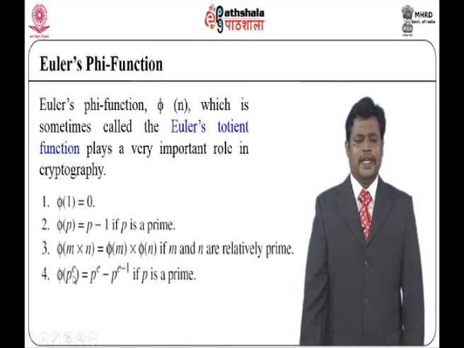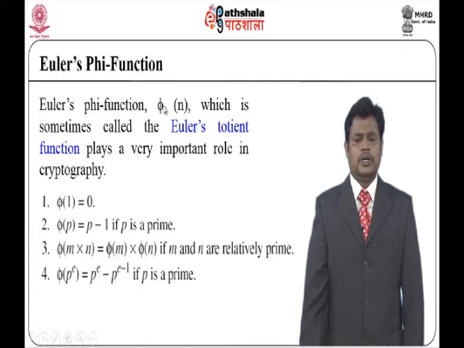The fourth rule: phi of p power e, where e is any integer, that is a factorized number. Then it is p power e minus p power e minus 1, if p is a prime. So, based on these 4 rules only we can find the value of phi of n.